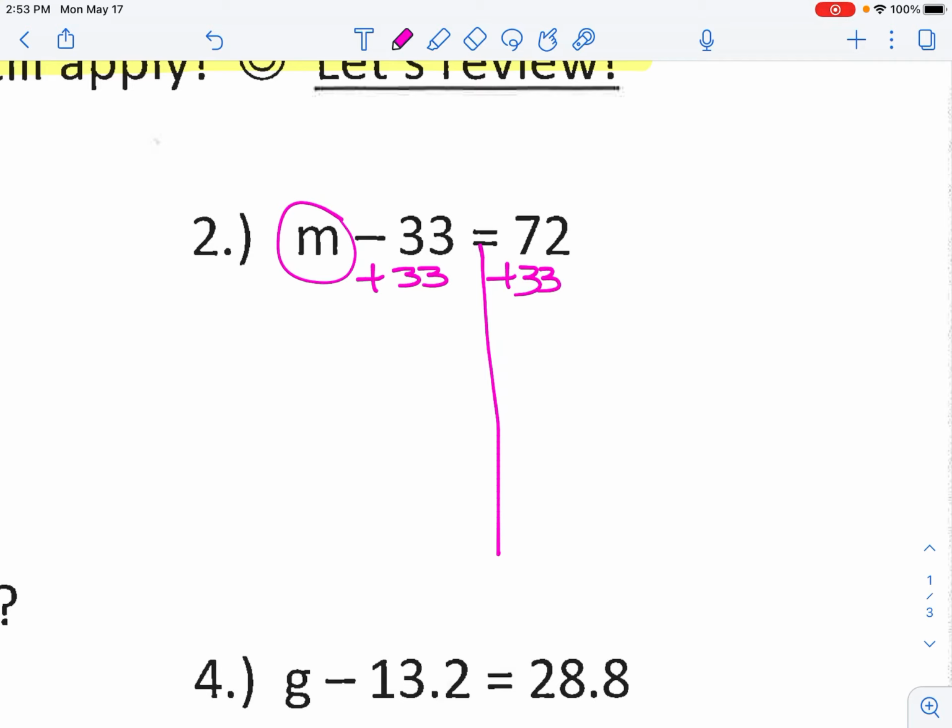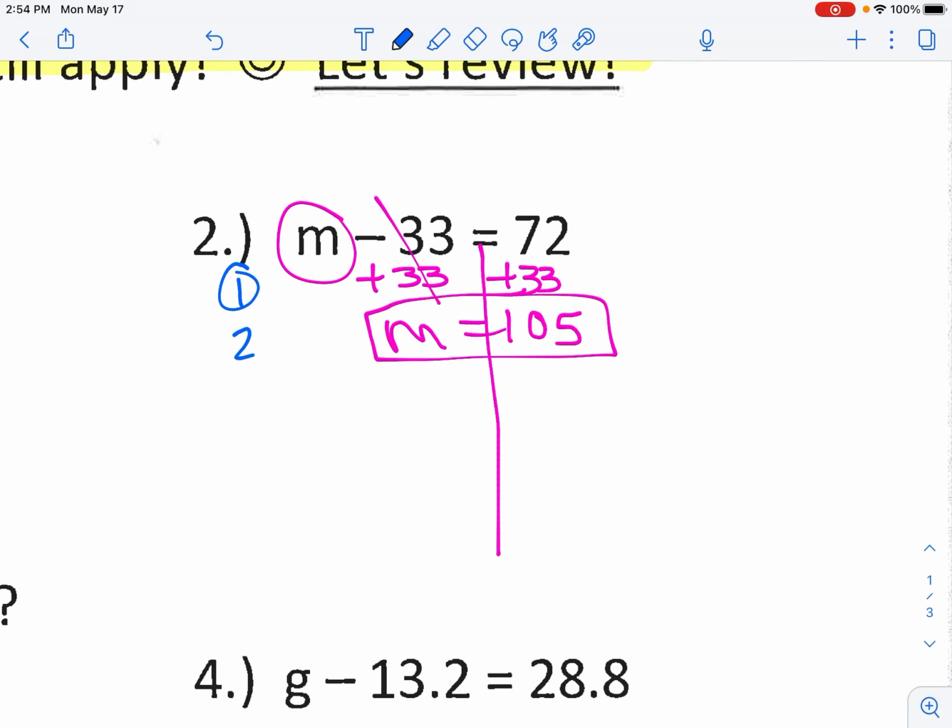Now you're going to show your cancellation. Negative 33 plus 33 equals 0, so all we have left over here is m. And on the right side, 3 plus 2 is 5, and 7 plus 3 is 10. So m equals 105.